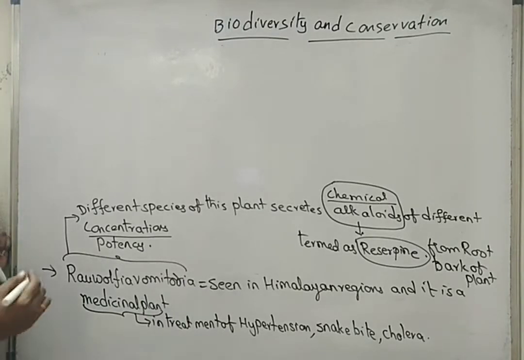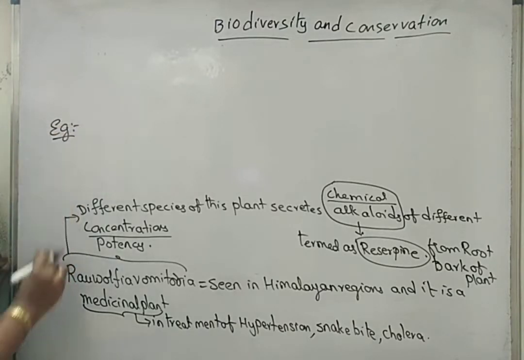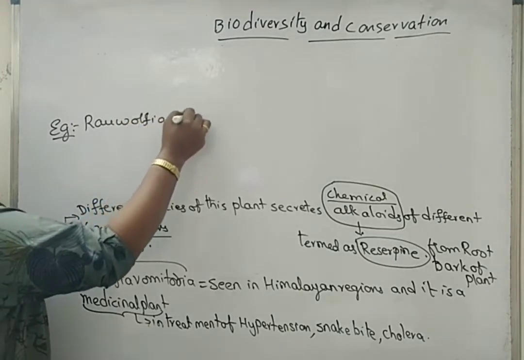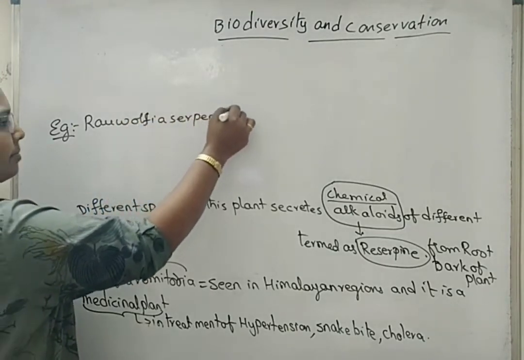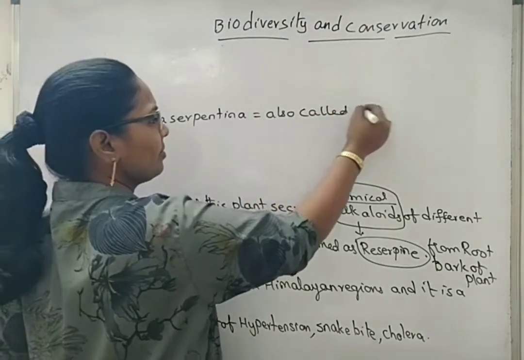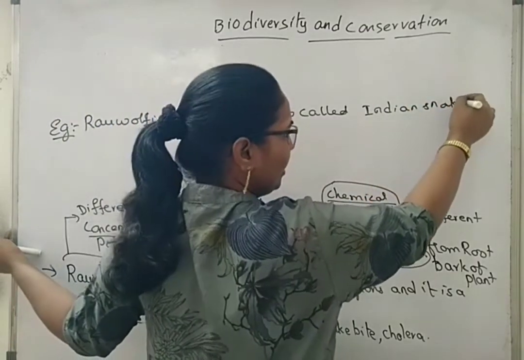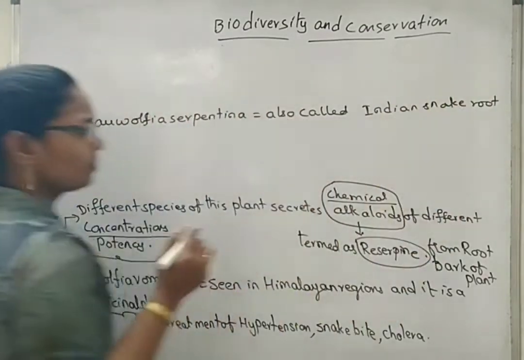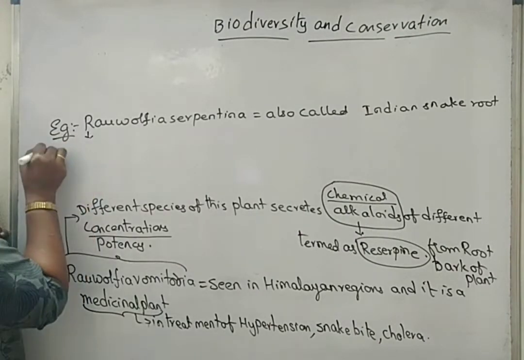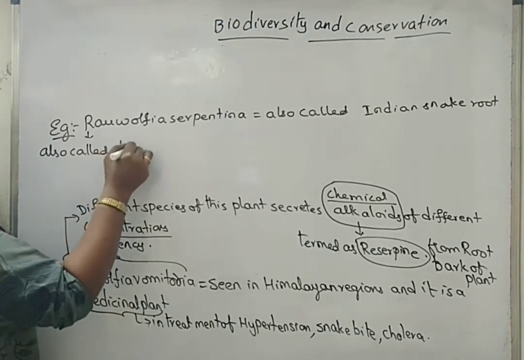Reserpine is obtained from the root and bark of the Rauwolfia plant. If we see another variety of Rauwolfia, Rauwolfia serpentina, it is also called Indian snake root. It is also called devil's pepper.